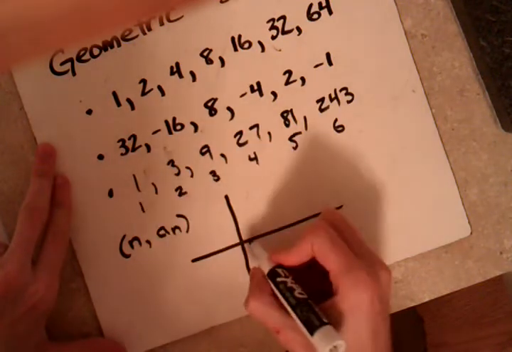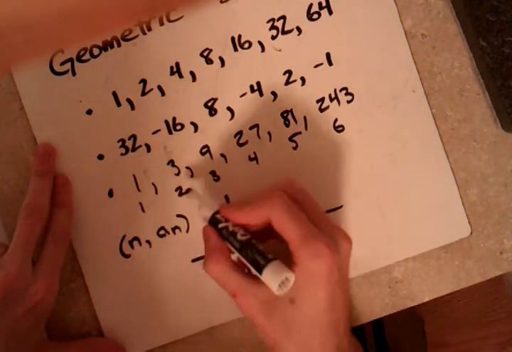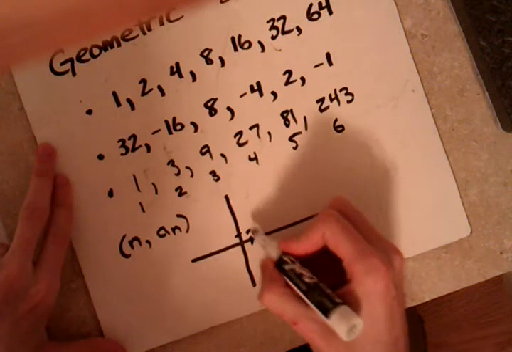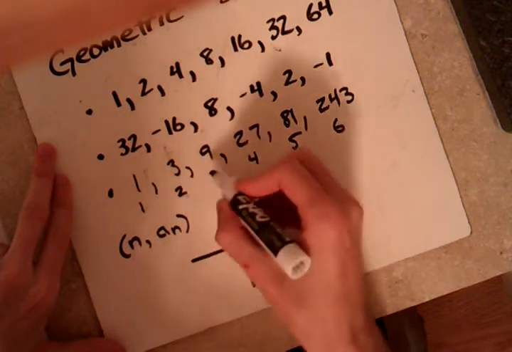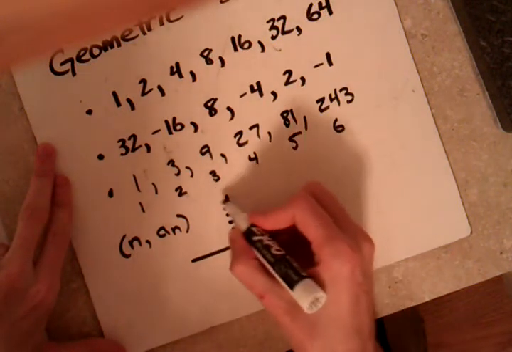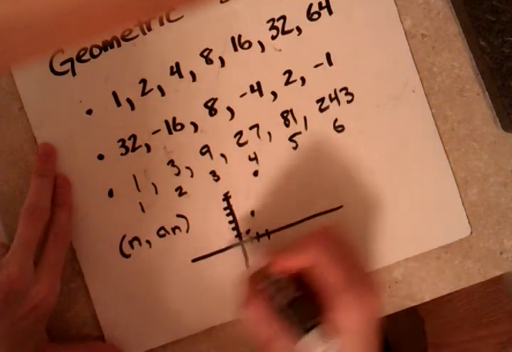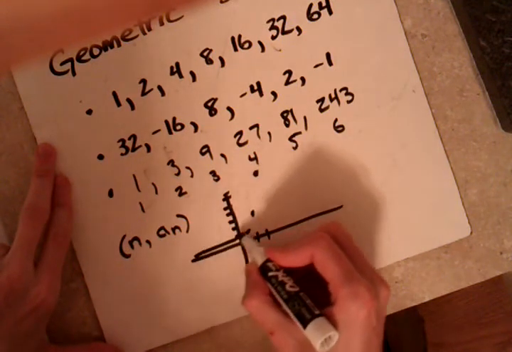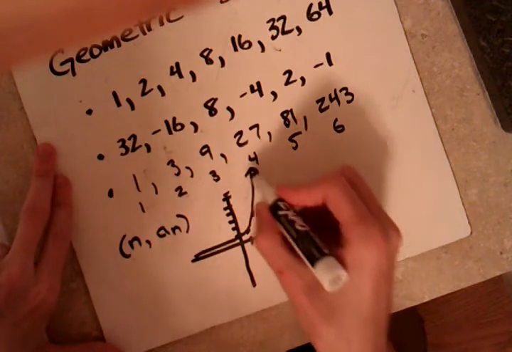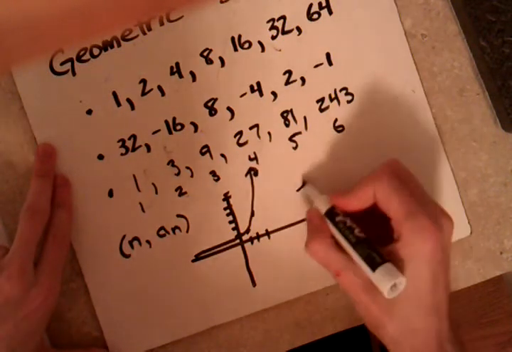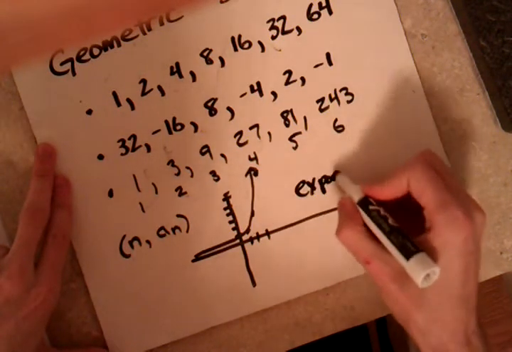So 1, 1, you have a point there at 2, 3, and 3, 9. That's going to be way up there. Your graph starts to look like this. It goes off to infinity. It looks like an exponential function.